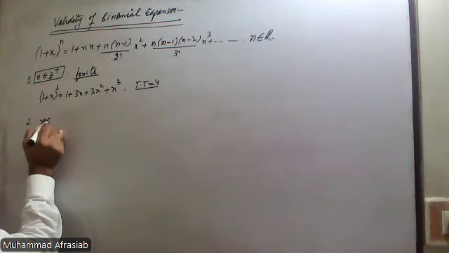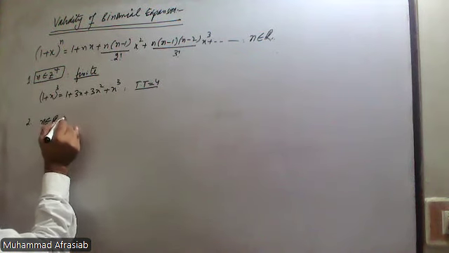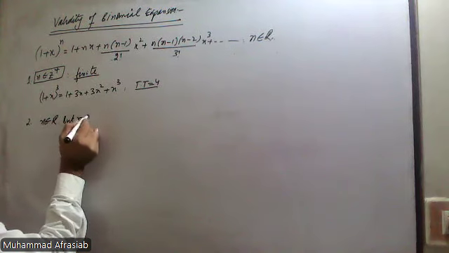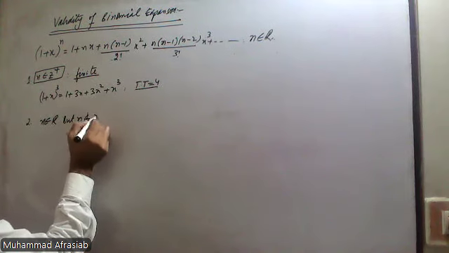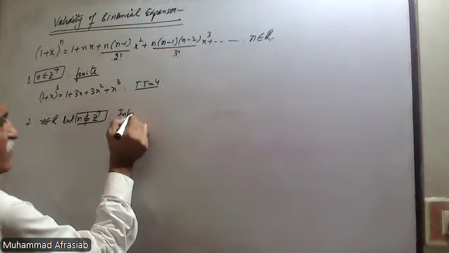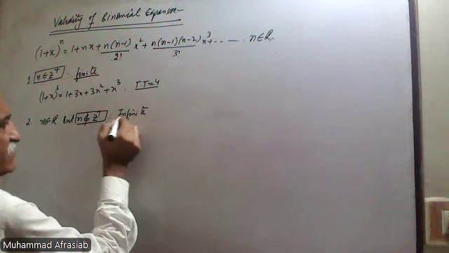But if n is a real number that is not a positive integer, then the expansion will have infinite terms. Now we have to verify the validity of that binomial expansion.